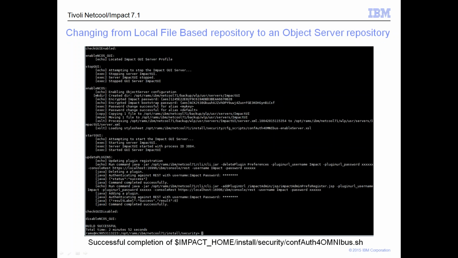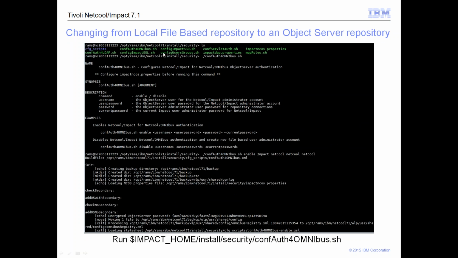Sorry. There we go. So if you're going to enable it and this impact user does not exist on Omnibus, even if it's running, it won't work. You're going to get a failure. So that user already has to be there. It's not something you can do afterwards. So go to Omnibus, set up your user that you want to use as your impact administrative user, and then go ahead and run this script.